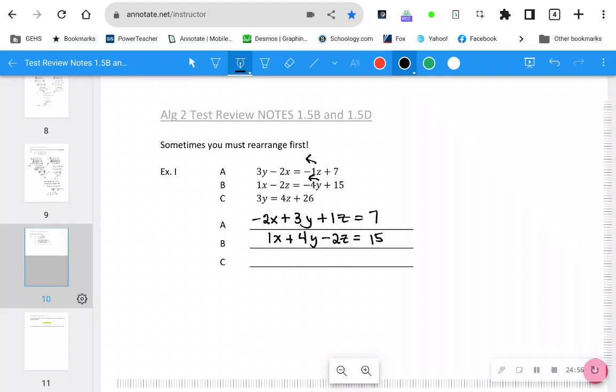It's on the right side. Okay, you'll notice that there's no x's in this line here. And so what you're going to do is you're going to put a 0x there and a 3y here. And minus 4z equals 26.